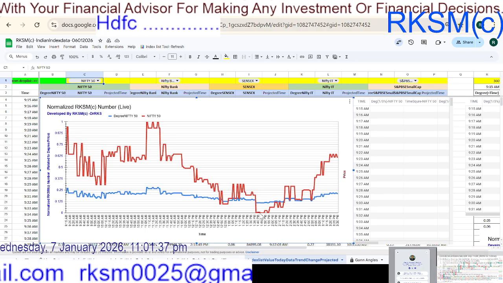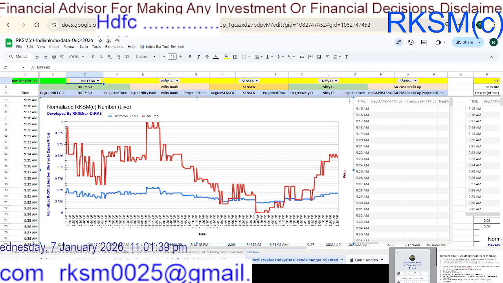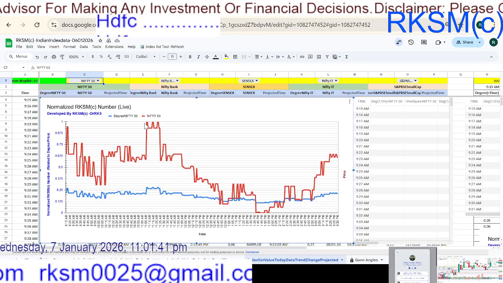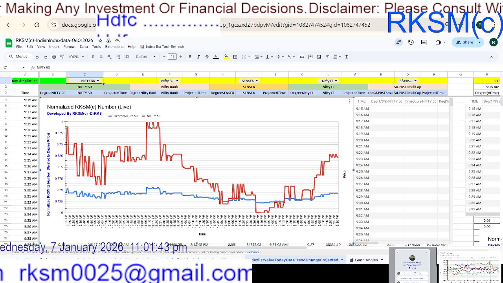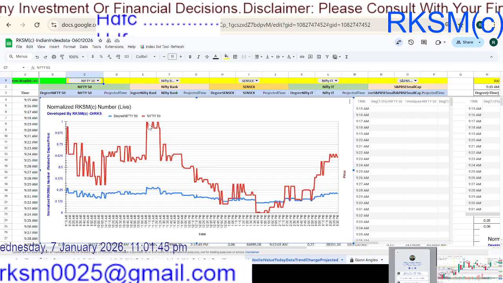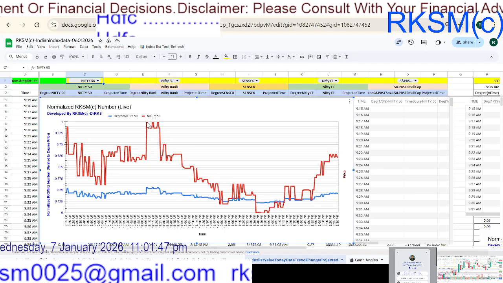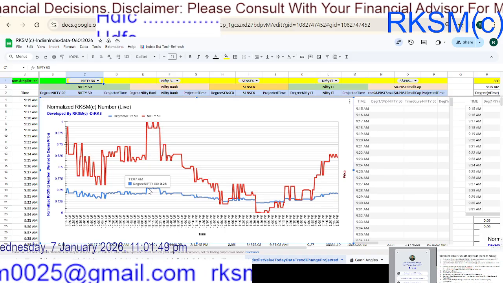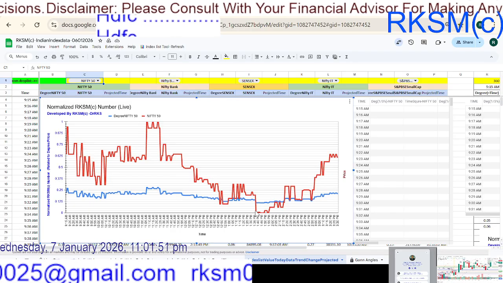You see the Nifty trend is made here, and another is here. From here, what is the exact time? Suppose the time window here is around 11, a downfall.